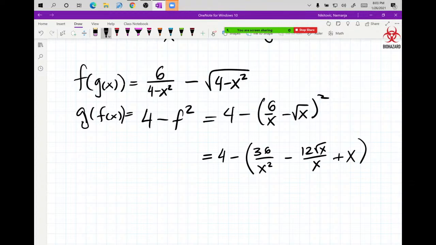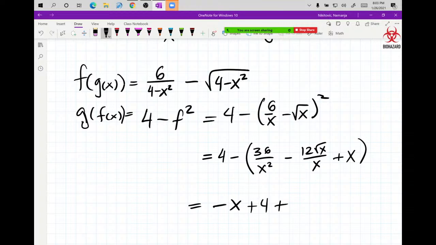And now put the largest term first, which is negative x. Then the next one is 4. And then these division terms.